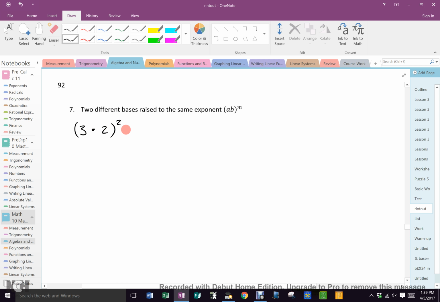Last year you learned that this is the same as 3 squared times 2 squared. The 2 has to go to everything, right? You learned that last year. So this year, we just change it to letters. I've written A and B there, but I've been using X and Y up till now. That gives me X to the M, Y to the M.